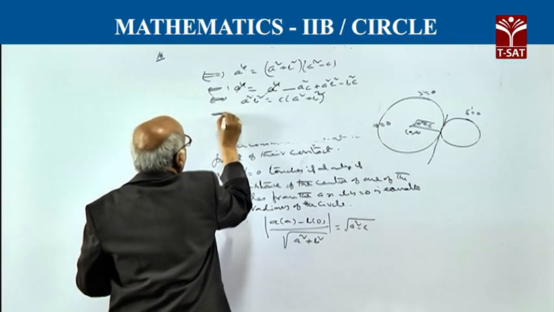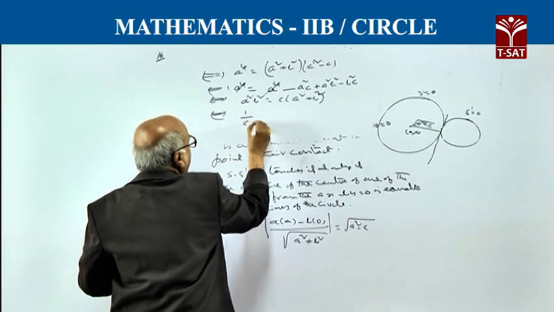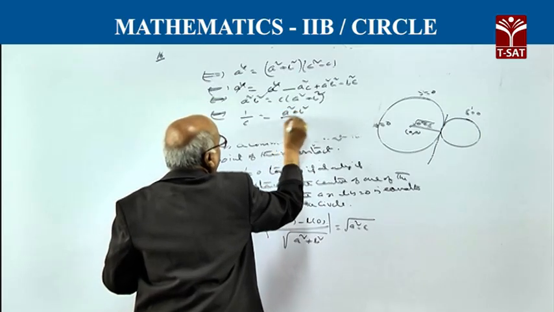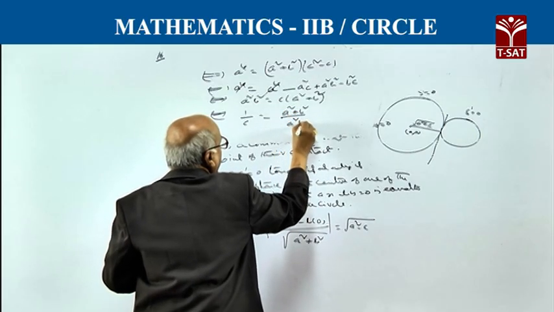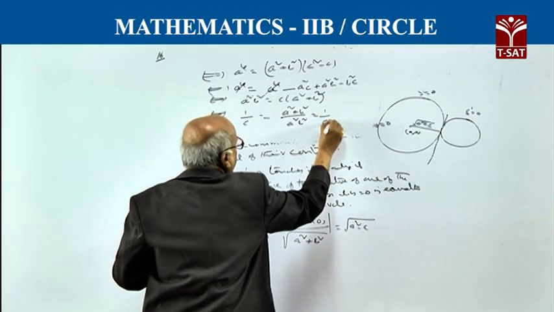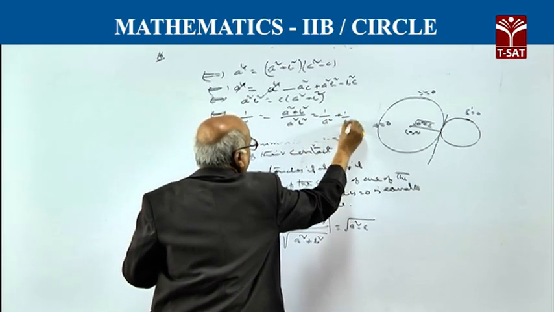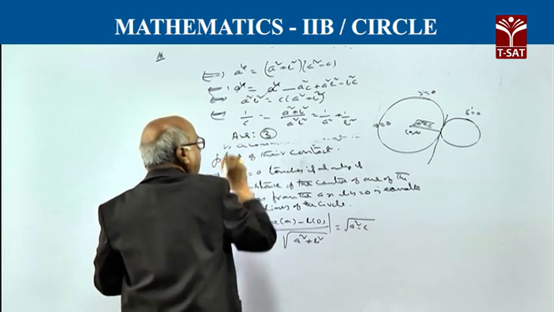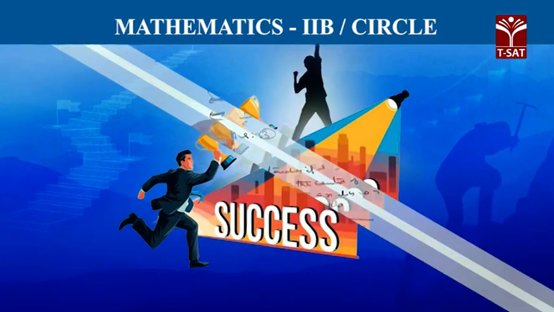That if and only if 1 by c is equal to a square plus b square by a square b square, which is equal to 1 by a square plus 1 by b square. So therefore answer is option number 3. We go to the next problem.